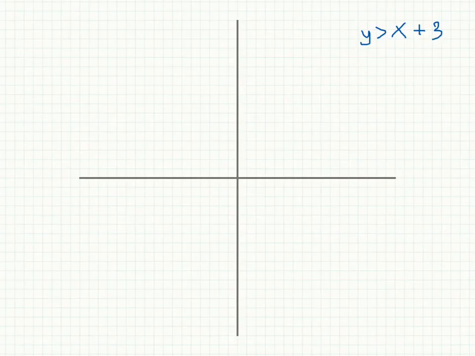So let's start off by doing our y-intercept as always. In this case, m, the slope, equals 1 over 1, b equals 3. So my y-intercept is up here at 3, and then my slope goes up 1 over 1, up 1 over 1, up 1 over 1.